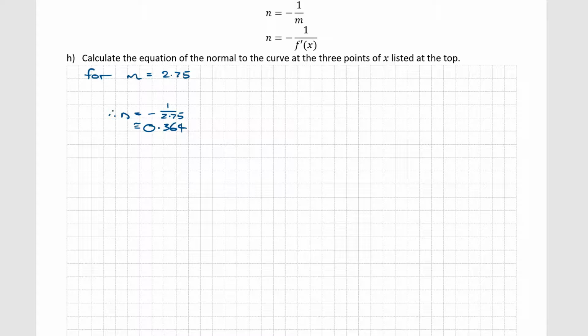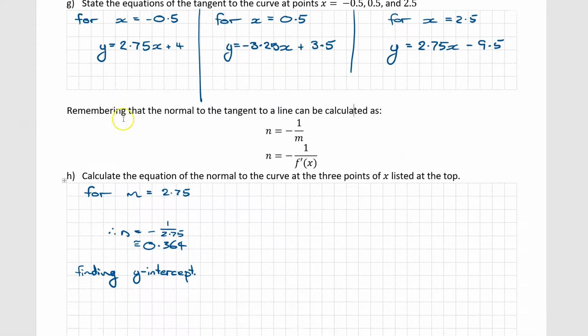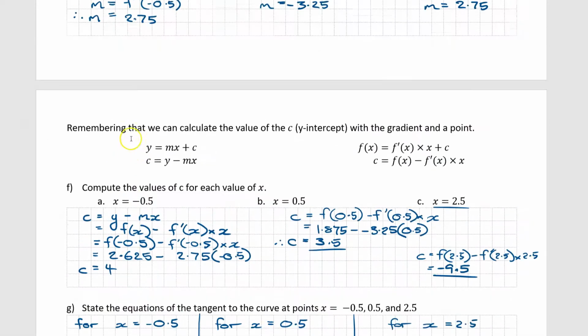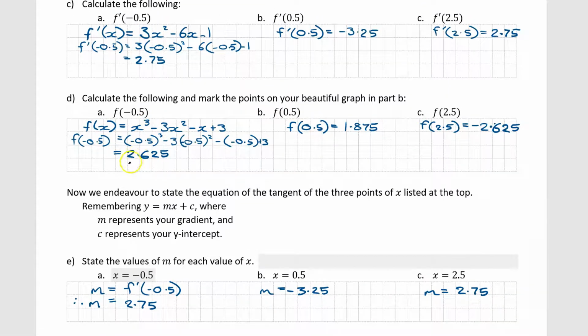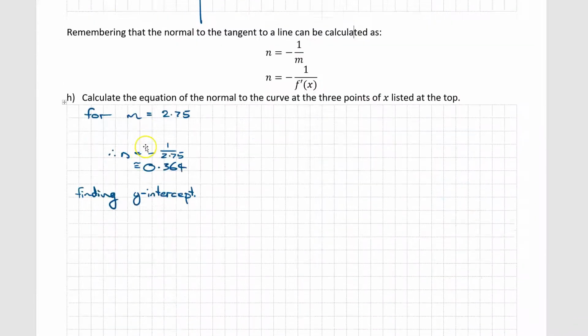Now finding the y-intercept, the values themselves are still going to remain the same. So we're still going to use x equals negative 0.5, and we're still going to use 2.625 here.